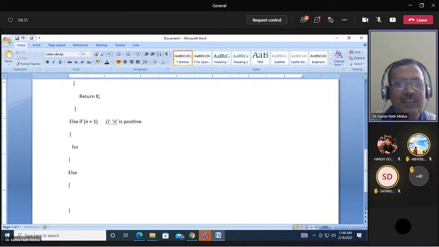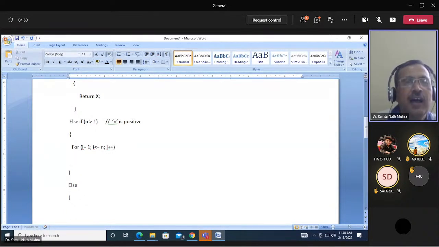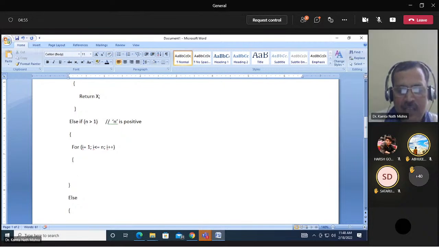Someone was talking about a for loop. So you can write here for i equals 1, i less than or equal to n, i plus plus.